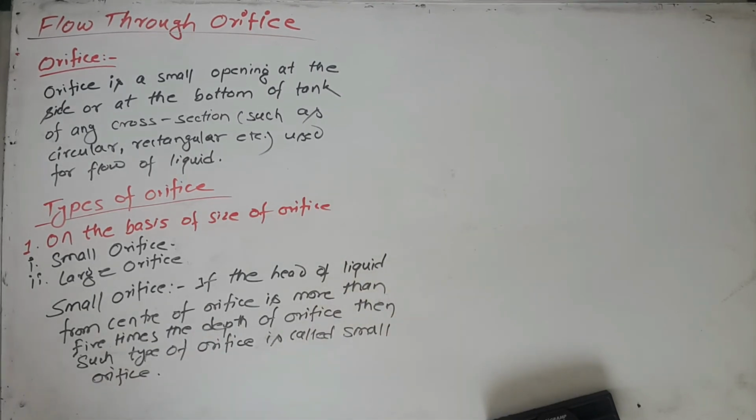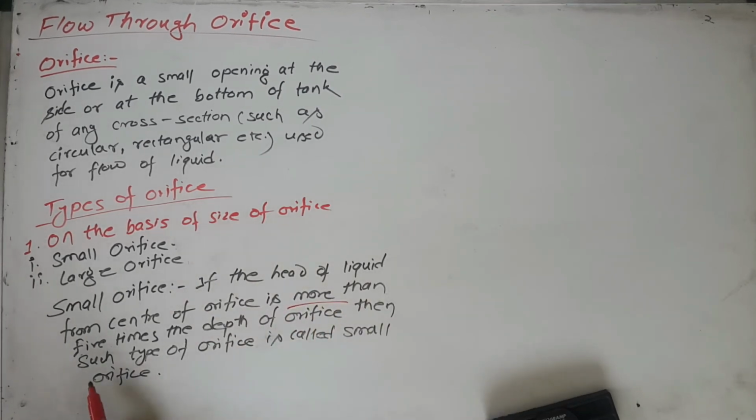If the head of the liquid from the center of the orifice is more than 5 times the depth of the orifice, then it is called a small orifice.